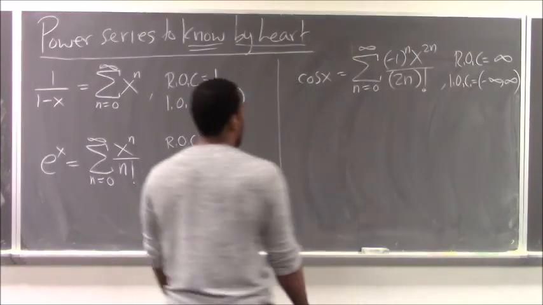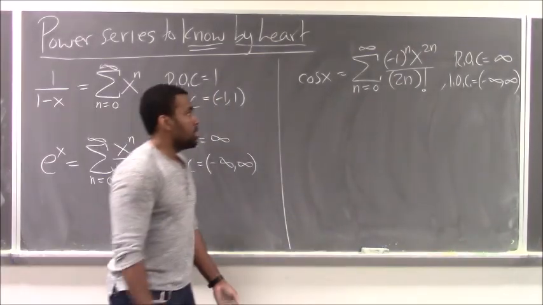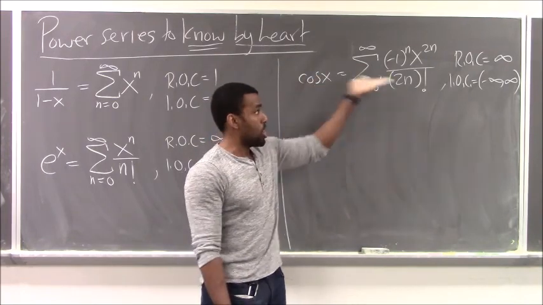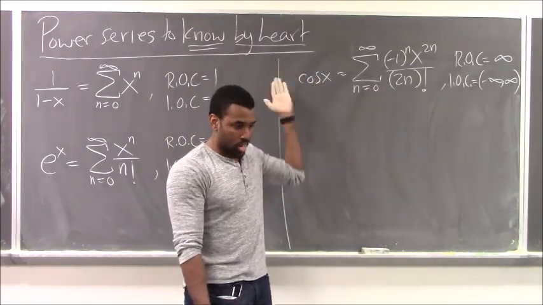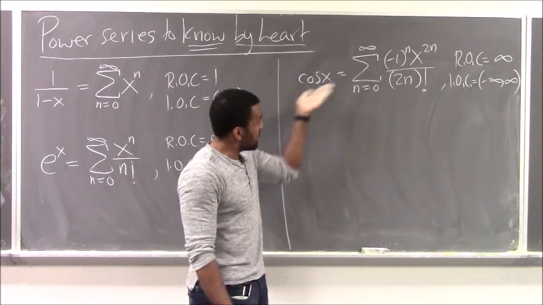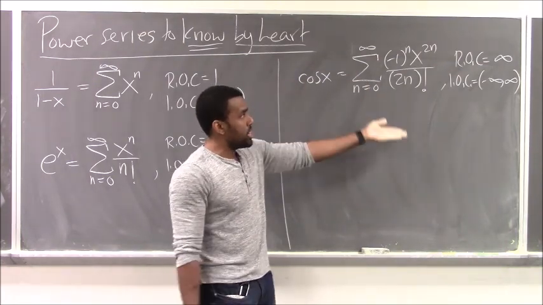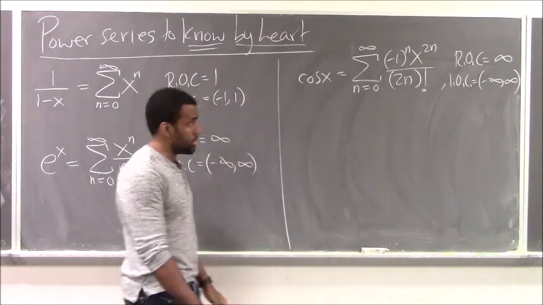We just derived that guy as well. And again, I want you to think of this series as this function. They are one and the same. We're going to talk about that. Mathematically speaking, these two things are indistinguishable. They're different ways of representing the same function, the same idea.